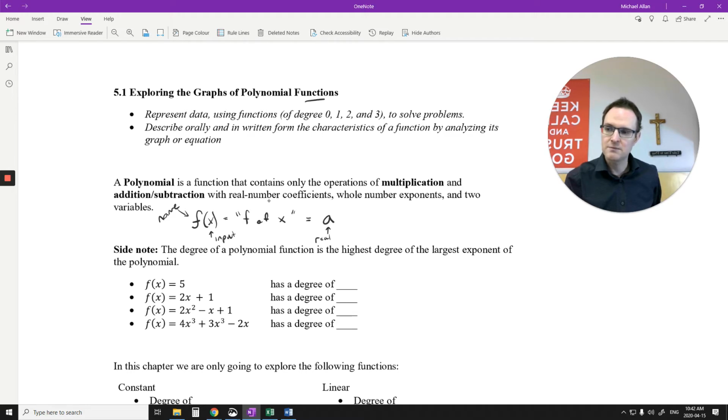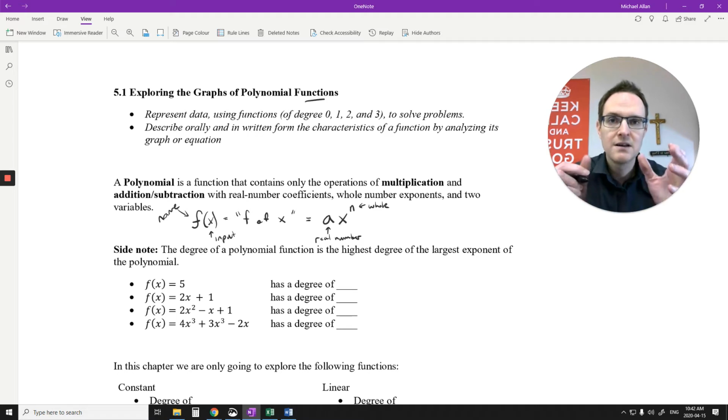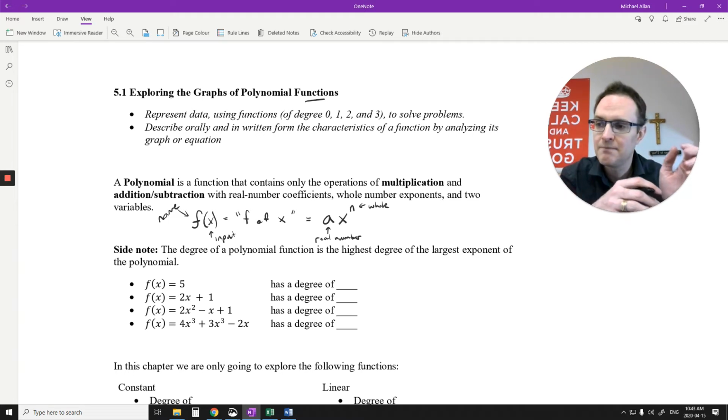So this could be a real number. Then it's going to be times x to the power of n. Now n has to be a whole number. Remember what whole numbers are? The numbers that don't have decimals, that don't have negatives. They're just like 1, 2, 3, 4, 5, 6, 7, 8, 9, 10. And they have to be numbers. They can't be other variables.